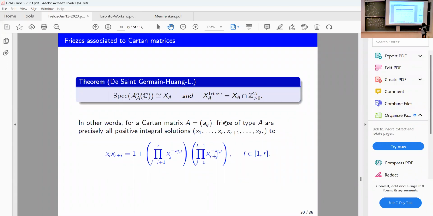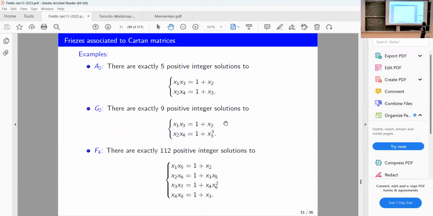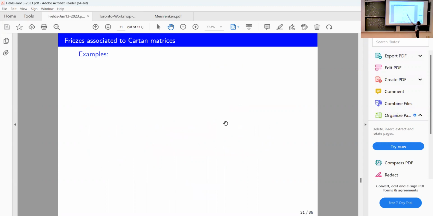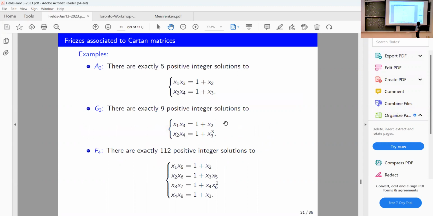This theorem is not that hard to prove, but you just need to formulate it. For example, for A2, you need to find 4 integers. For G2, there are 9 positive integer solutions. You just look at these equations with twice the number of variables, R being the size of the Cartan matrix, and the statement is that these are the positive solutions. That's the theorem.